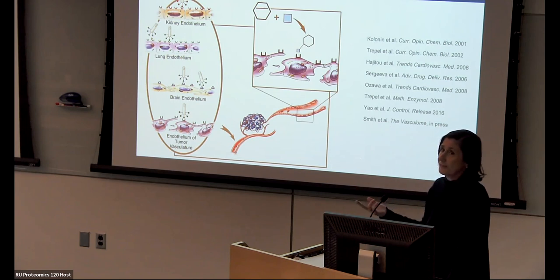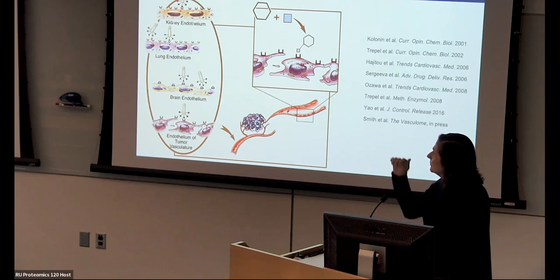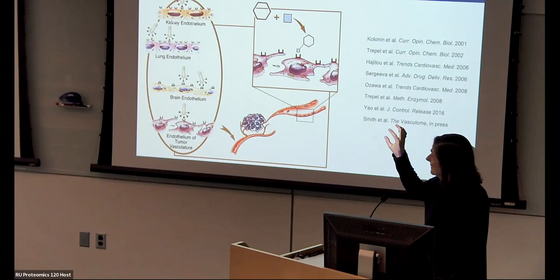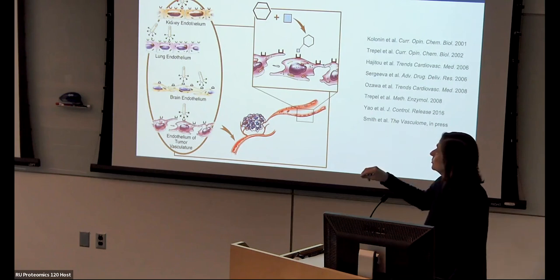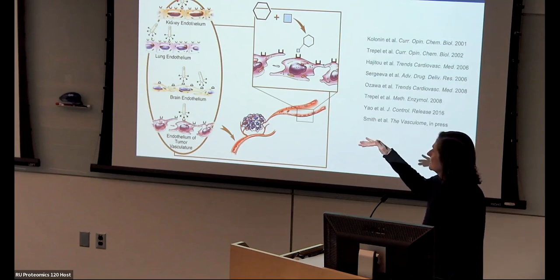And this is the way we find them, by introducing these combinatorial libraries intravenously and recovering the phage that ultimately enrich and localize to the blood vessels in the kidney, the lung, the brain.